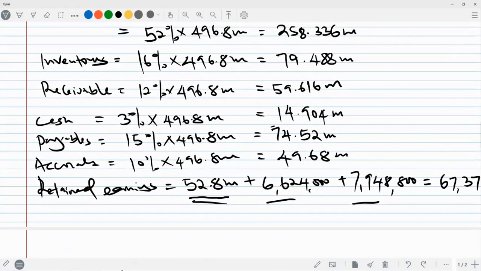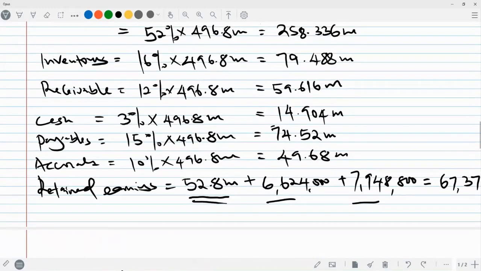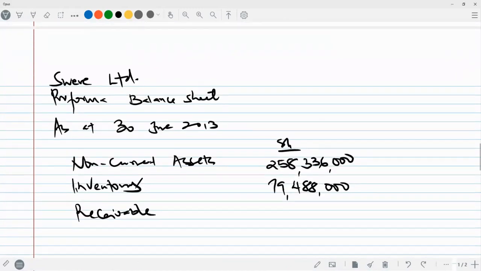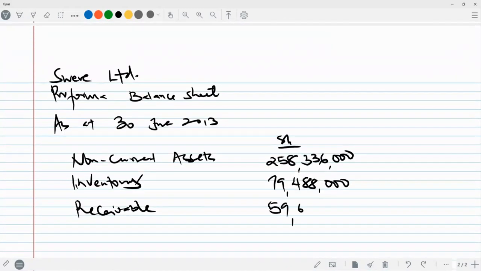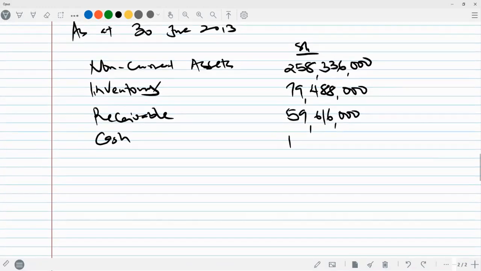Inventory closing balance will be equal to 79,488. Then you have receivable. The receivable value will be equal to 59,616. Then you have cash, which you have obtained to be equal to 14,904.